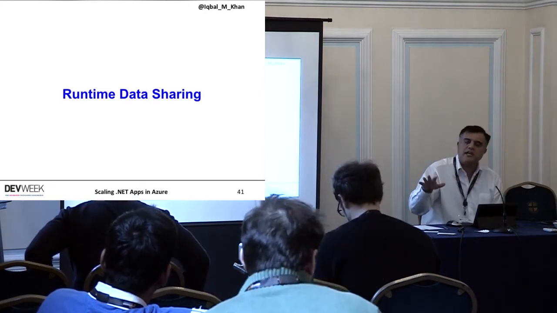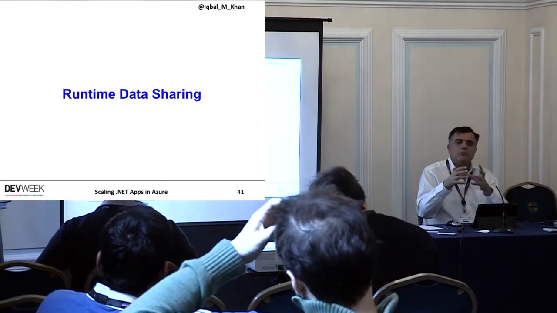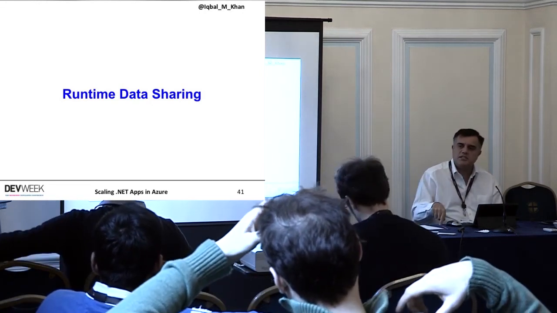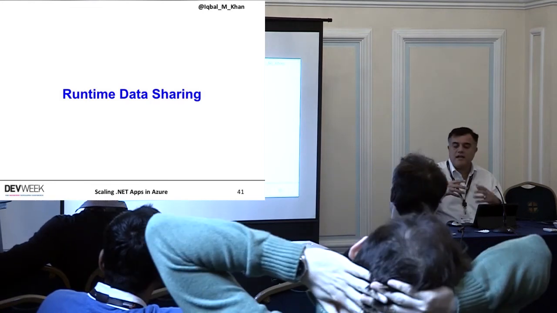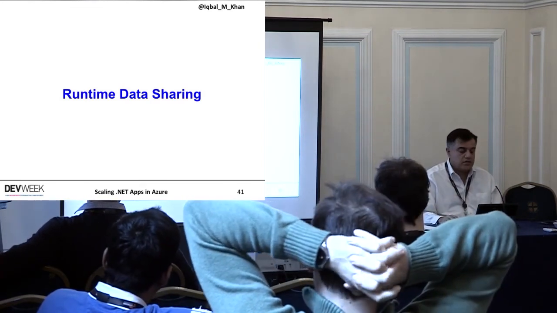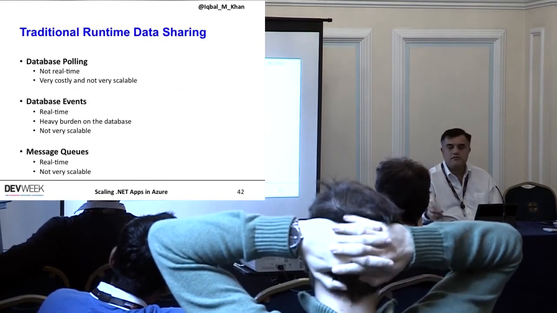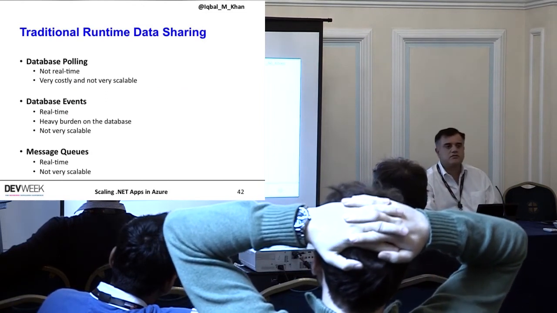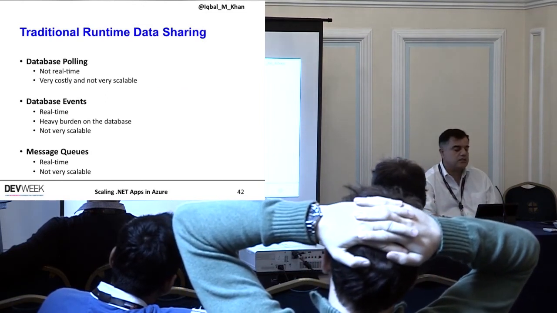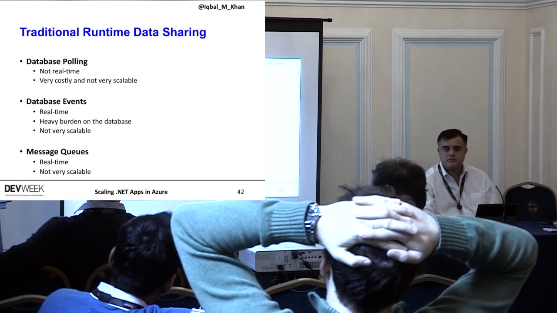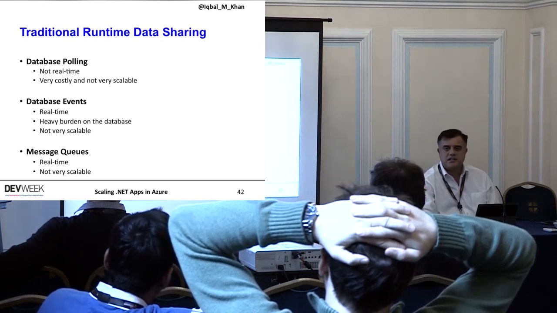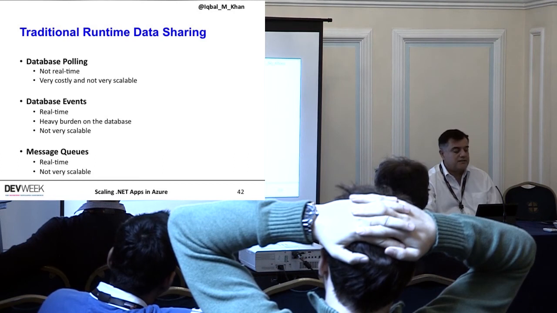You've got multiple applications or multiple instances of the same application that need to share data with each other. Traditionally, they used database polling. So one application instance stored data in the database, the other one kept looking for it. The least effective way to do it.